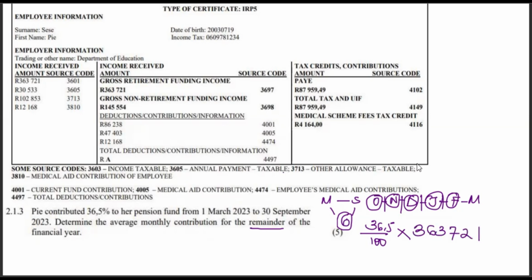You know, pensions for retirement. So the answer we get here is this much. We divide this by 5 because we're looking for the monthly average. And the answer became 2,651.63 cents.